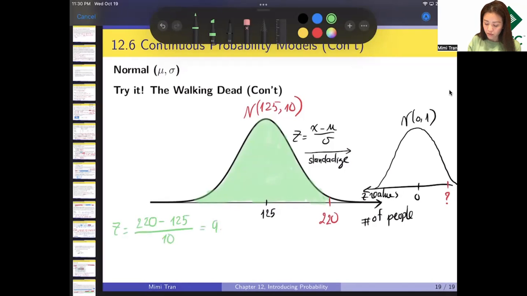That turns out to be 9.5. So that question mark right there is 9.5, and it corresponds to this area in the standardized curve.